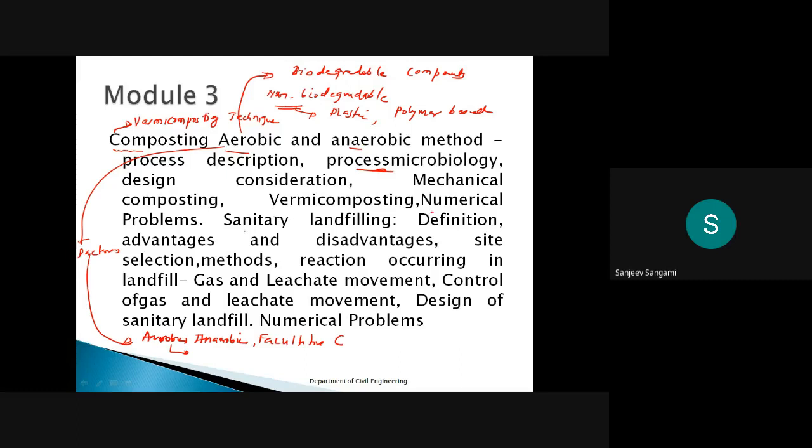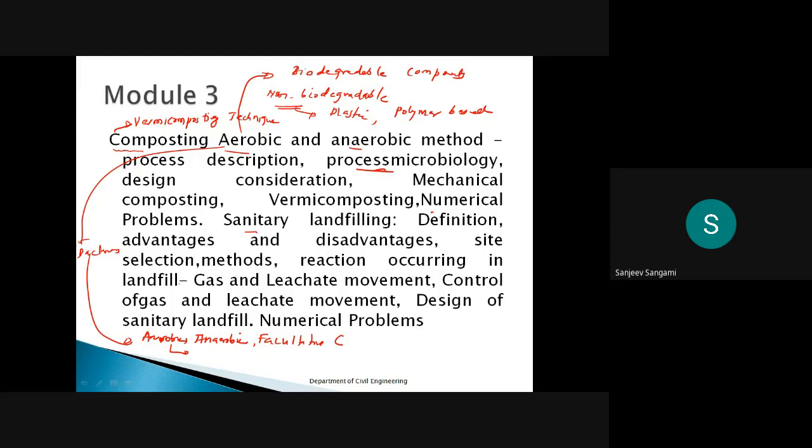Then sanitary landfilling. I already discussed landfilling and the dumping yard, and the differences between them. The landfill technique is an engineering technique of disposing solid waste to the yard. A dumping site is a non-engineering technique, so we are not taking any precautions during the dumping of solid waste. Then site selection methods and reactions occurring in the landfill.